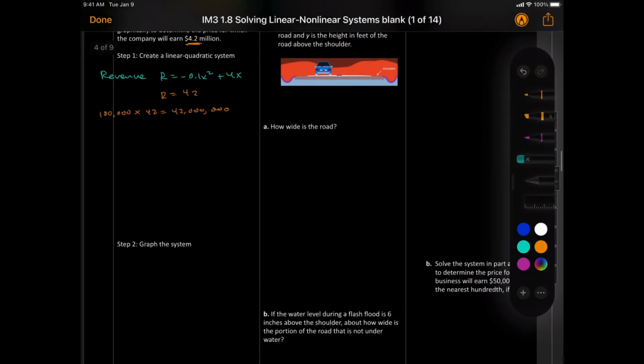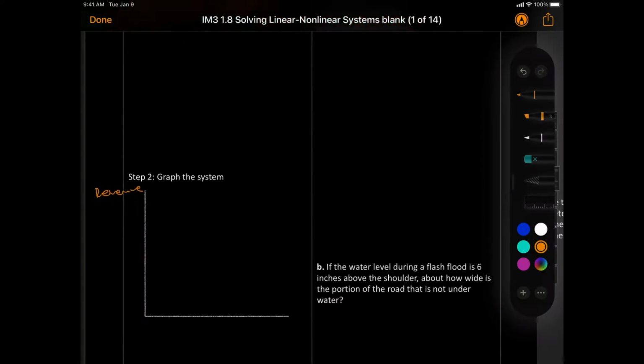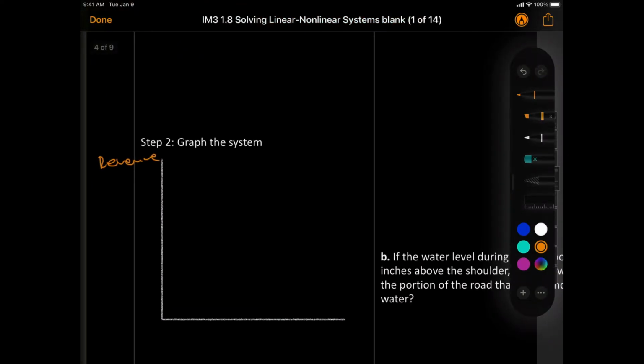Let's go ahead and graph this system. R for revenue, and this is measured in $100,000.